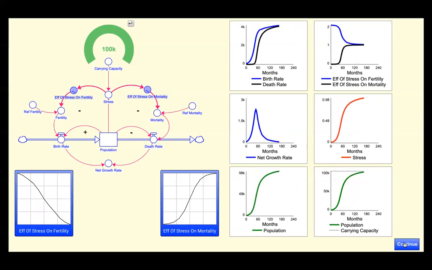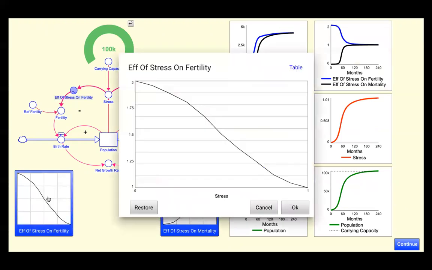We then introduce a nonlinear effect of stress on mortality and fertility, respectively. These effects are characterized by clickable graphs at the bottom of the screen, indicating that an increase in stress will cause a decrease in fertility and an increase in mortality.